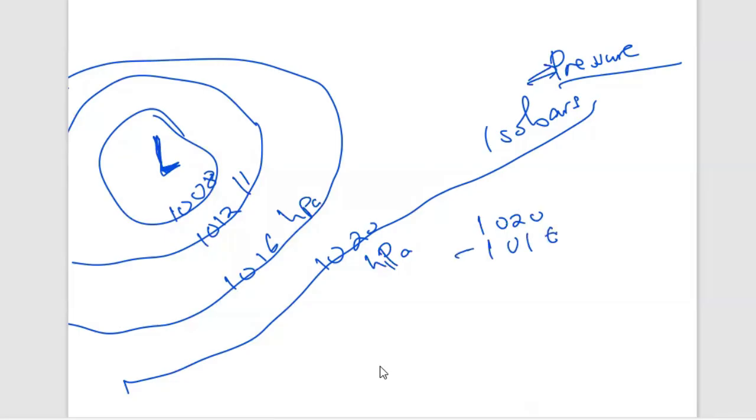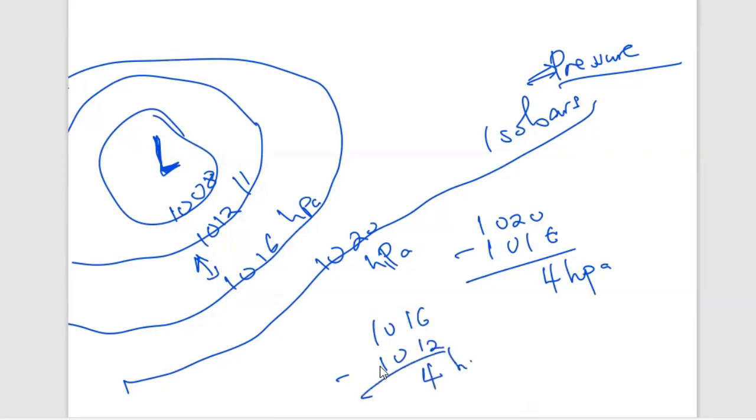If we try to find the difference here, we find that the difference is 4 hectopascals. If we analyze again between these two, it's 1016 less 1012. We find that the difference between the two is again 4 HPA. This is what we call isobar interval.